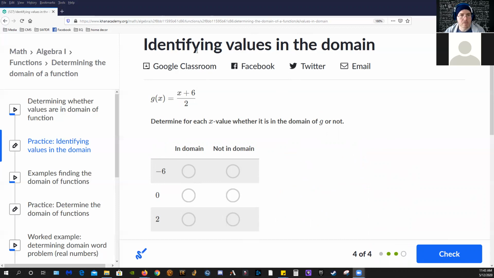Okay, so for this one, this would be -6 plus 6 over 2. This would be 0 plus 6 over 2. And this would be 2 plus 6 over 2.